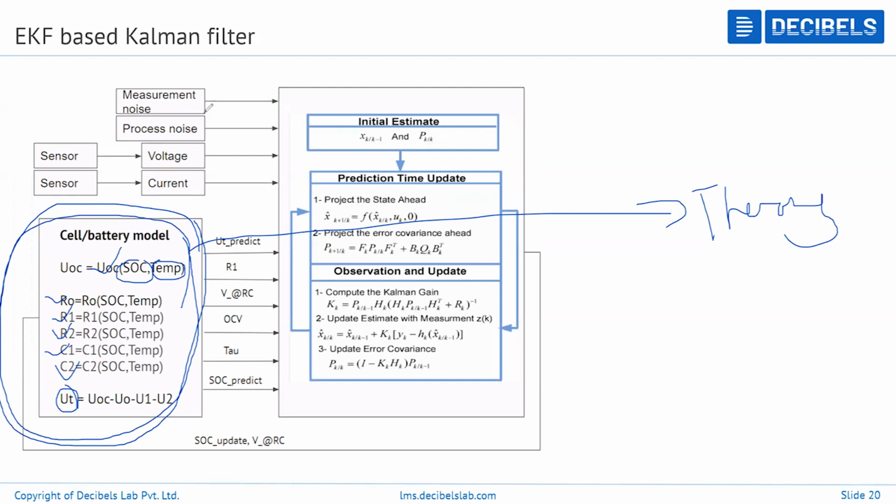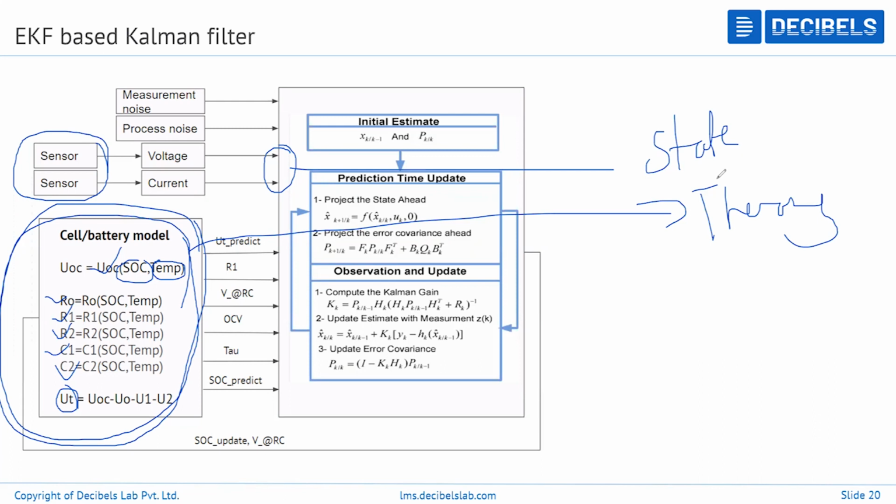On the other hand, you will be getting the sensor data. You will be measuring the live voltage of the cell and the current, whether it is discharging or charging. Based on that, you will be measuring the SOC also, the state variables.